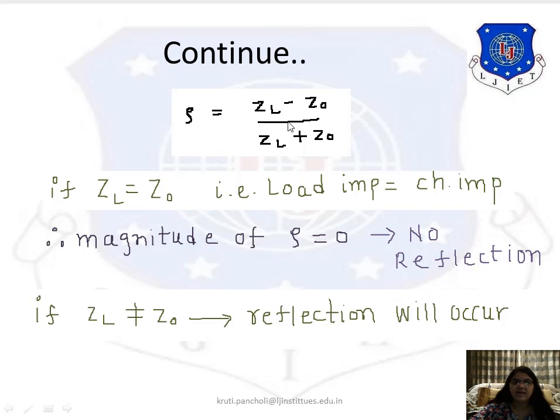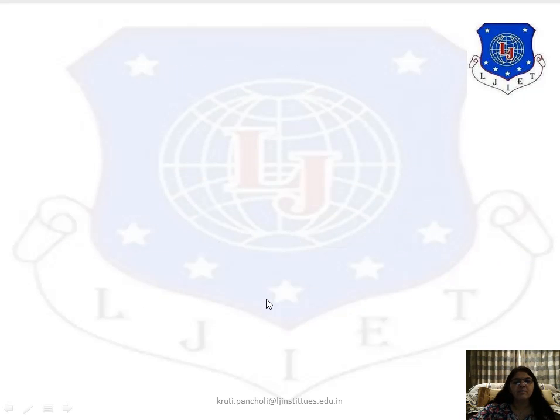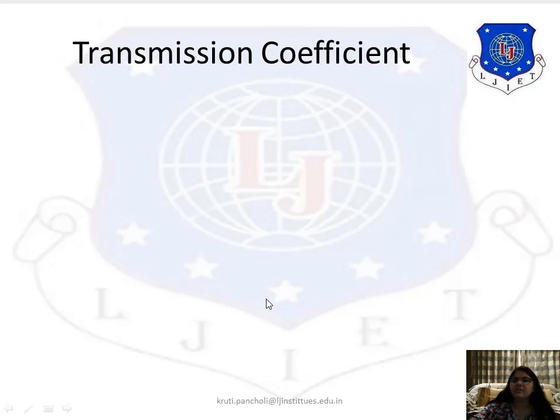But if ZL is not equal to Z0, you will have some value of rho, and some reflection will occur in the communication. So this is about the reflection coefficient in the transmission line. Again, in the Smith chart which we started, the reflection coefficient value that we take, you learned here how we can take it.